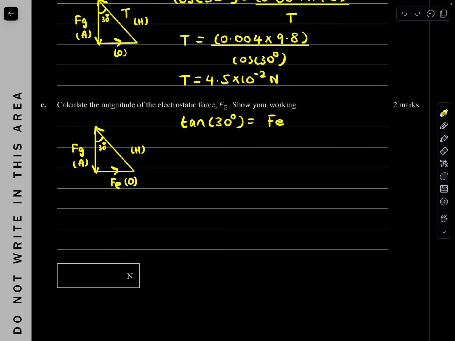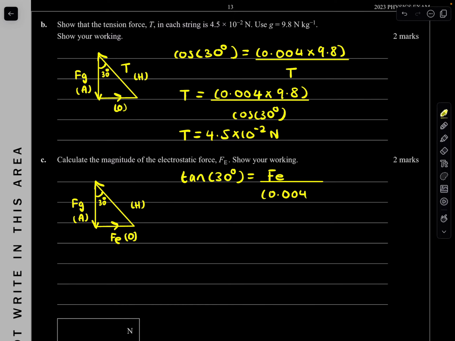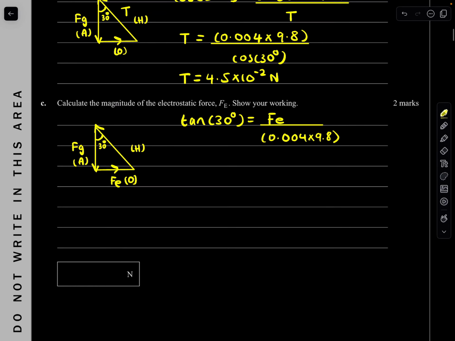Remember Fg is just your mass times your g value, which is 0.004 times 9.8. So Fe is basically 0.004 times 9.8 times tan 30. So what's that?